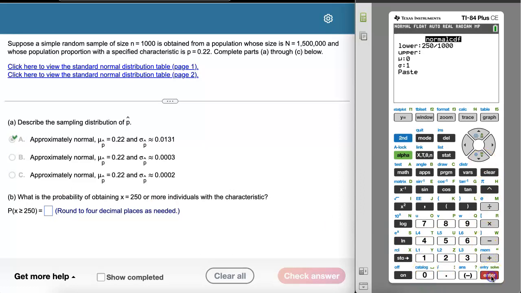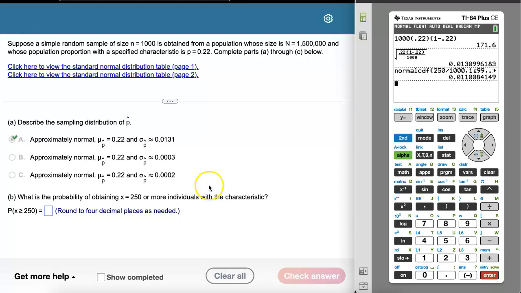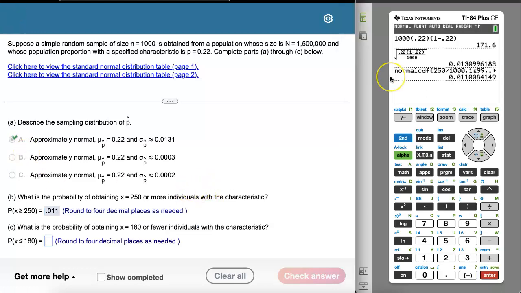Remember, it's a proportion that meet that characteristic. Upper, let's just go with the 1E99. Mu, we just found. Sigma, we just found. Paste, and here is our answer.